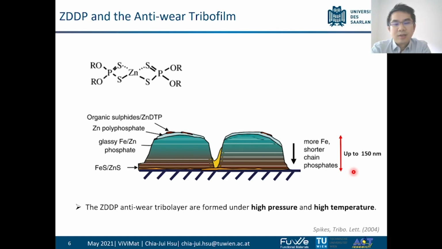You can imagine it as island-like tribo layers on top of the surface, and its role is to be a barrier between two surfaces, preventing direct metal-to-metal contact. Another function is that it can collect harmful wear debris and wear particles and prevent them from causing further damage on the surface.